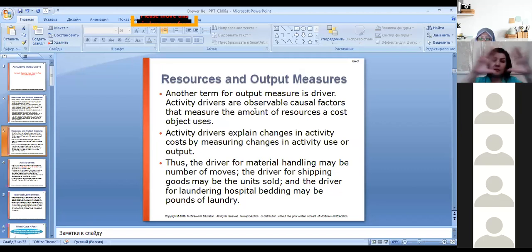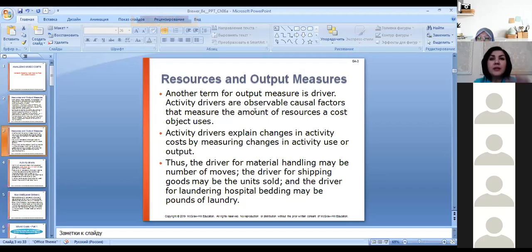So we will collect all ordering costs and divide by what? A cost driver. So what is a cost driver for ordering costs? What do you think?